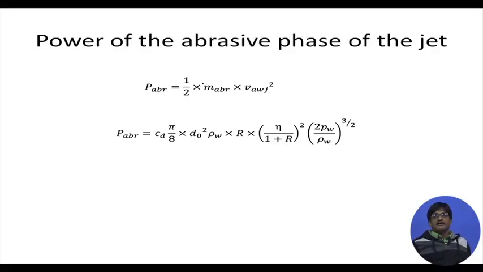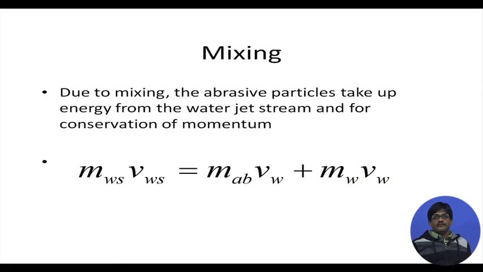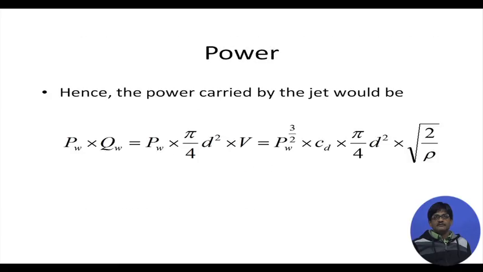How can we say that? Let us now go back to the expression of water phase power. Did we derive it? Power carried by the jet. See, the power carried by the jet is having the very same expression: C d into pi by 4 into d square into p to the power 3 by 2, and 1 by rho to the power half.